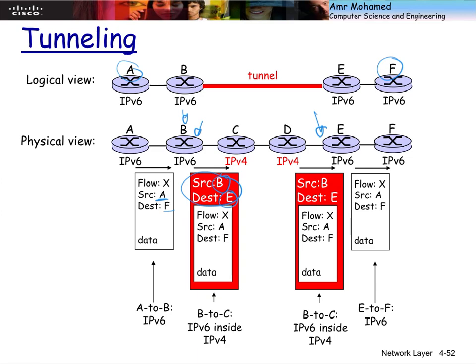Is this point clear? I need to modify the source and the destination. The source will be the beginning of the tunnel, and the destination will be the end of the tunnel. Why? Because this destination will have to do the extra step of decapsulation. If I do this, everything else is seamless. Nobody will be affected.